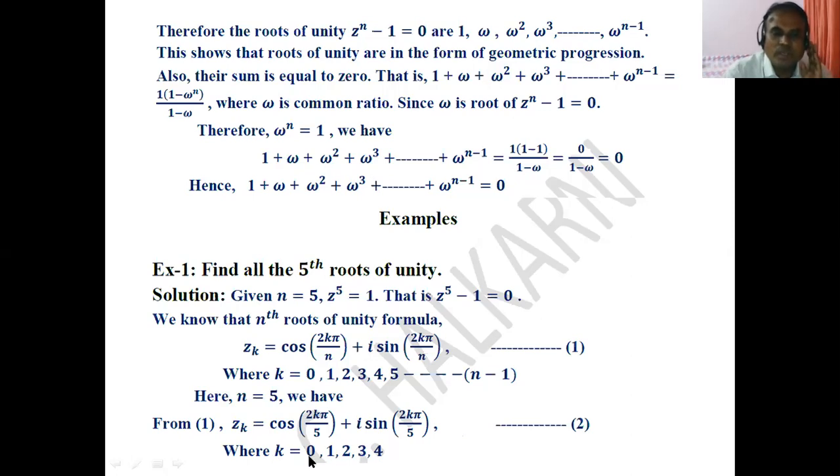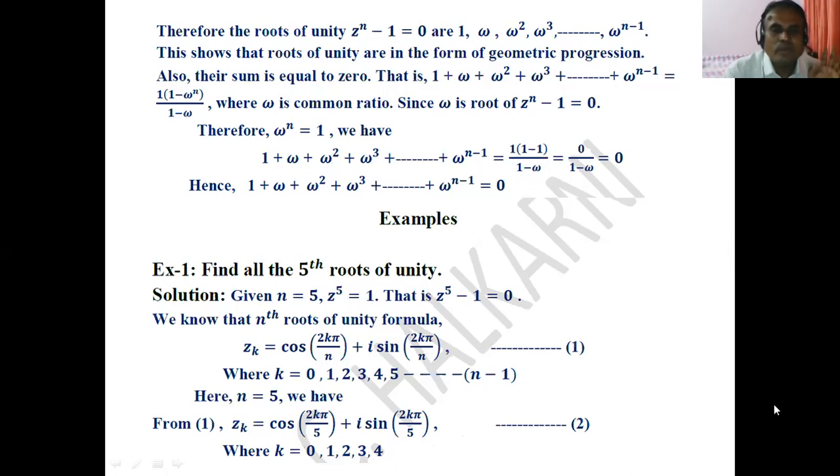Now we put k equal to 0, 1, 2, 3 and 4 in equation 2. So these are the 5 roots, and we find them one by one.